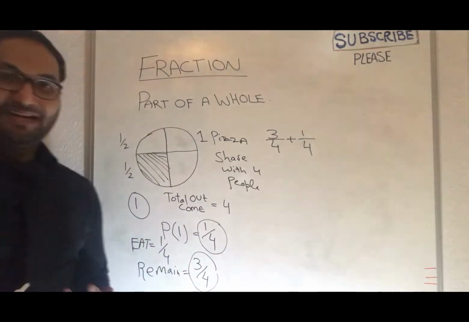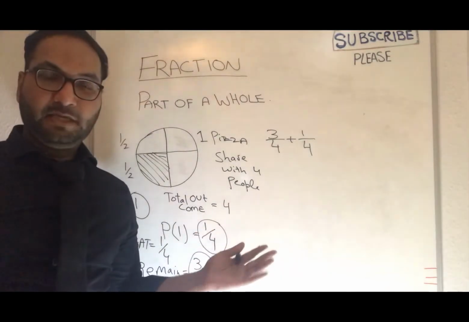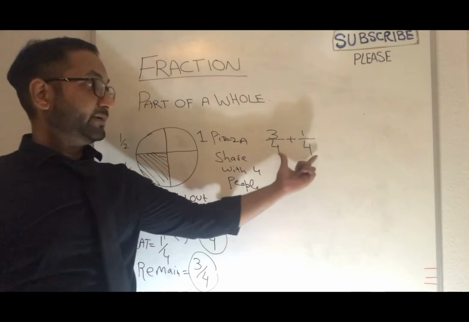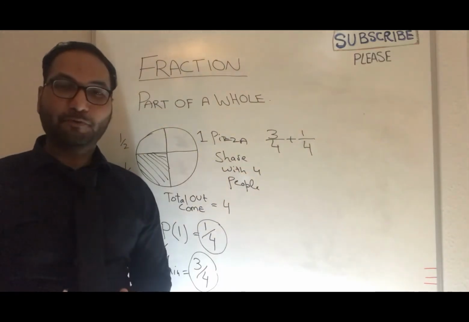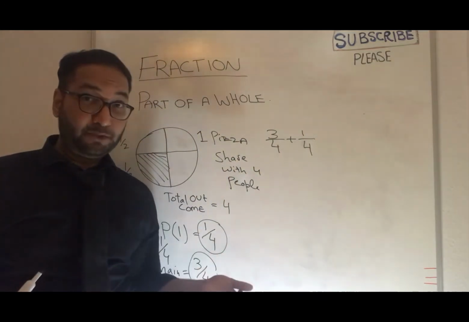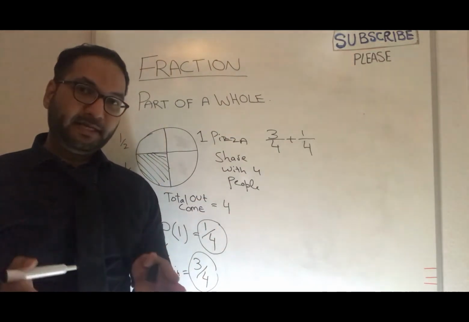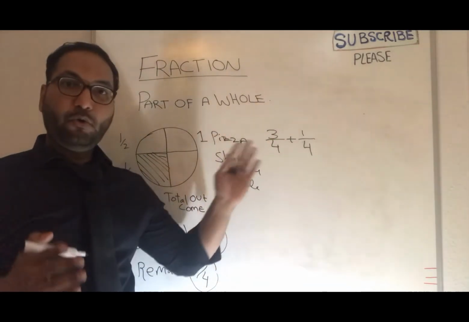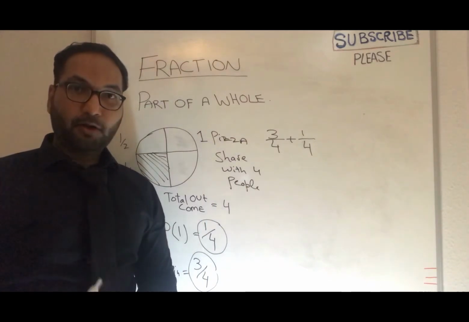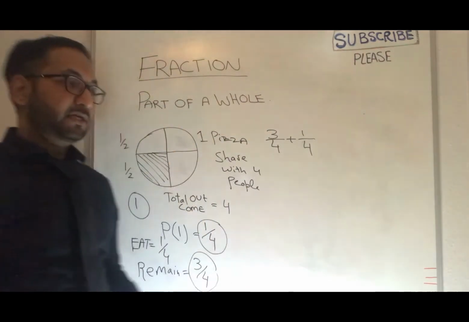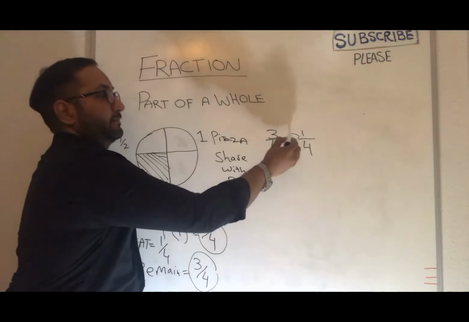So when we are adding fractions, if the denominator, the bottom part, is the same value, then we automatically add or subtract according to the situation. So here we are adding.